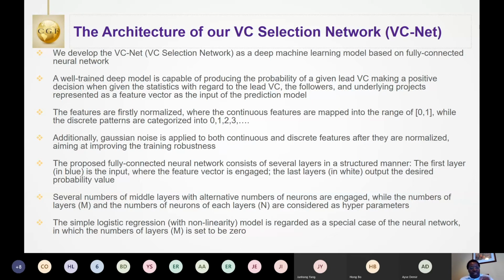These features, or the input data, are firstly normalized and then mapped onto the range of 0 to 1, depending on how they align with the various components of the VC, follower, or firm. Then the discrete patterns are categorized in a sequence.